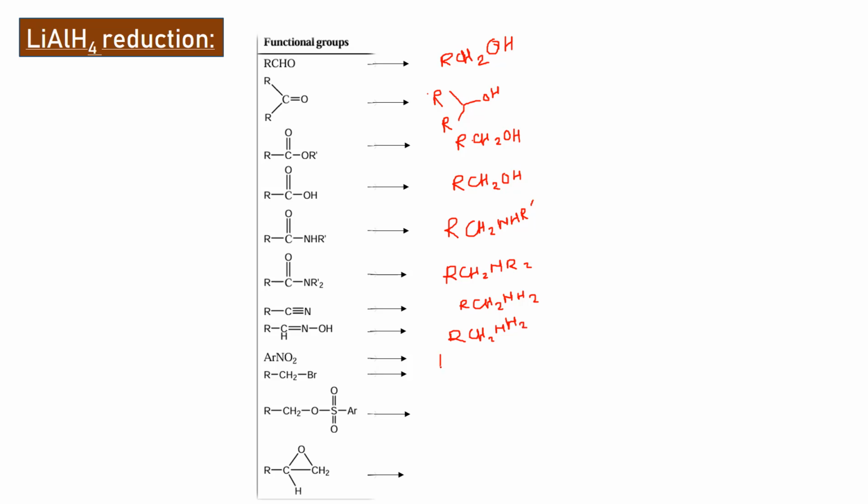If you add aromatic nitrile, nitro group, it will form a hydrazine type of complex. If you add LiAlH4 to alkyl bromide, it will simply substitute the bromide from the system.